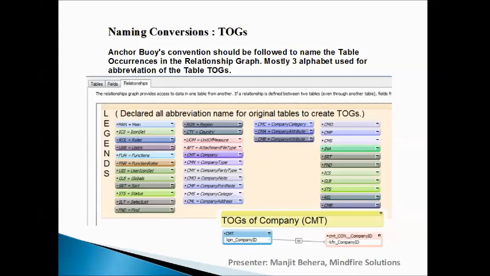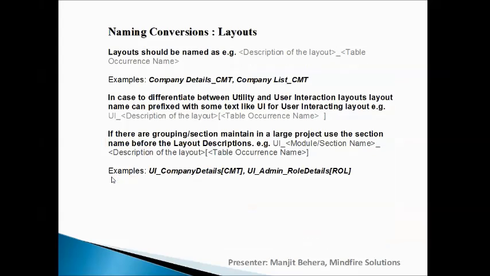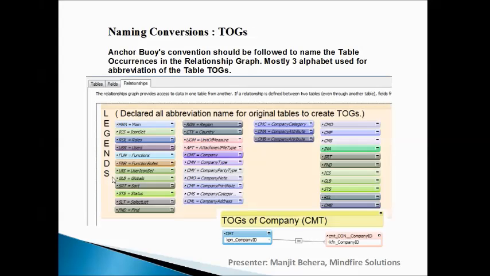Like here we are having the legends. The legends declare the abbreviation of the original tables, which are the TOGs, like MAN stands for main, ICS for icon set.